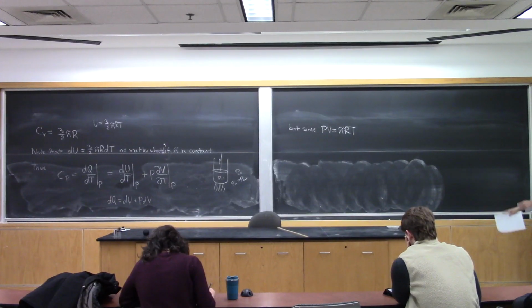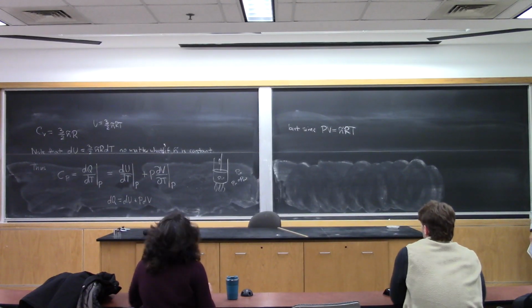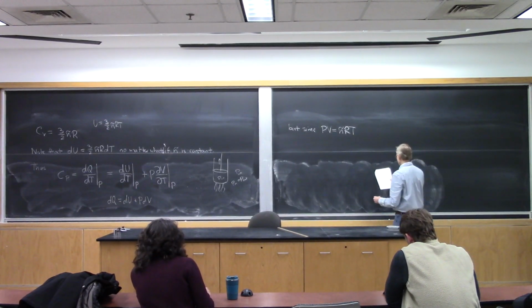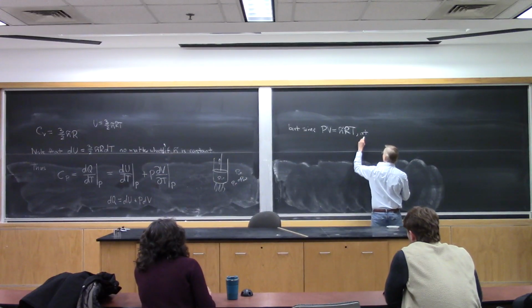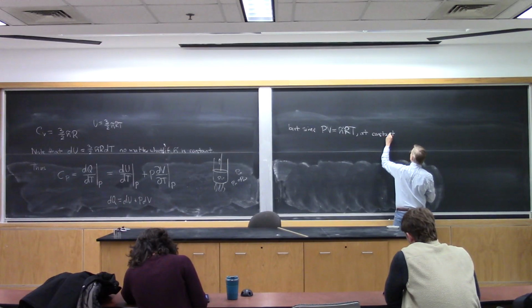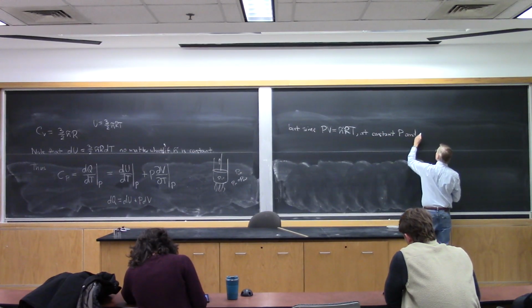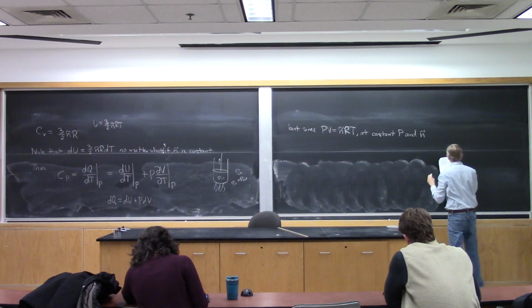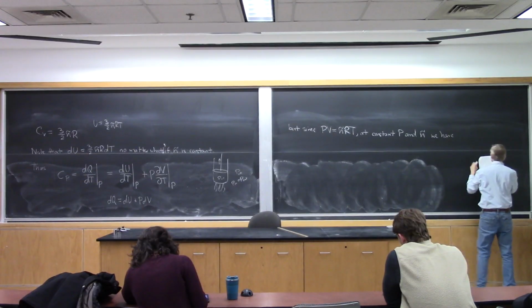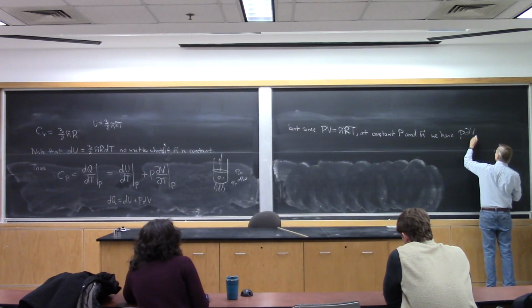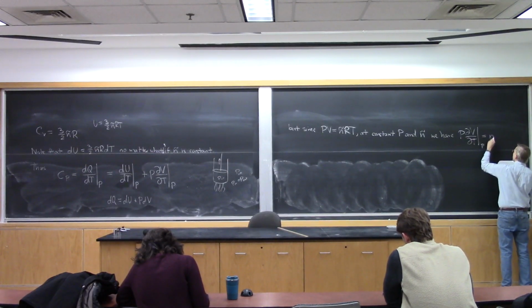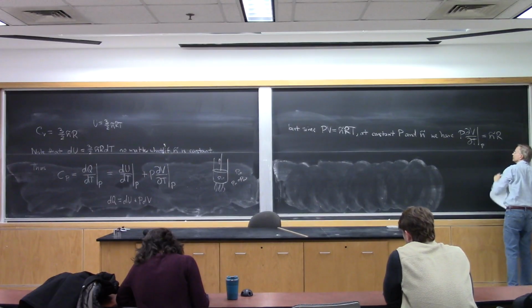So the ideal gas law says, at constant P and n tilde, we have P dV/dT at constant pressure is equal to n tilde R.